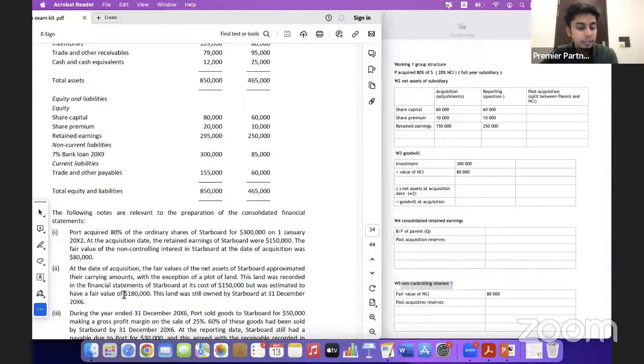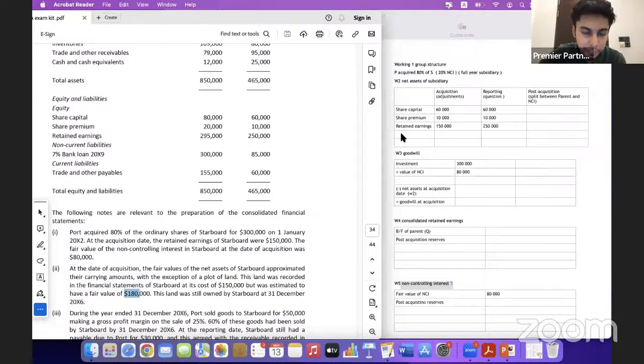But their market value is 180, meaning, guys, the value is more. So now we need to account for this increase. So the land is 150, it became 180, the fair value is 180. So that means, guys, it has gone up by 30,000 rupees. Okay, so now we are going to learn how to adjust for this increase. So this is how, guys, you are going to do fair value adjustments.